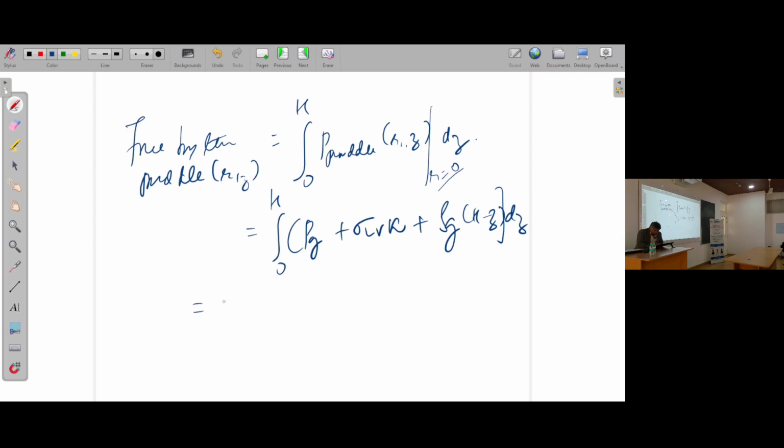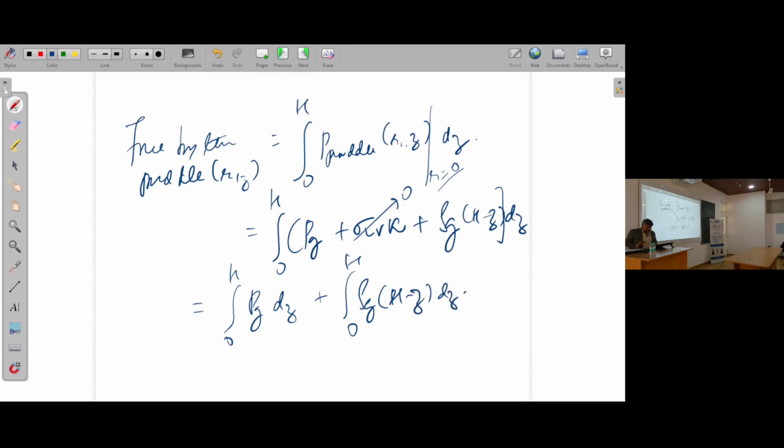So if I write this, this becomes integral 0 to h P gas dz, plus you would probably get integral 0 to h, so this almost becomes 0 at r equal to 0, rho g (h minus z) dz.